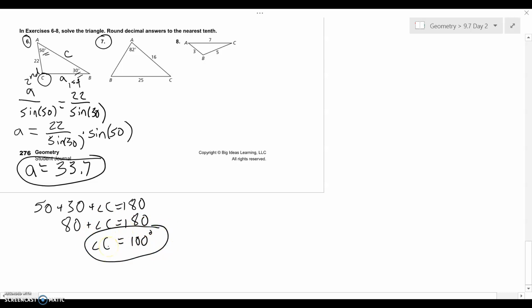And then that allows me to set up this last law of sines. I would do little side C over the sine of 100 equals, and then I can pick either of the other two, either A or B. I'll use B because they started us with the 22 and the sine of 30.